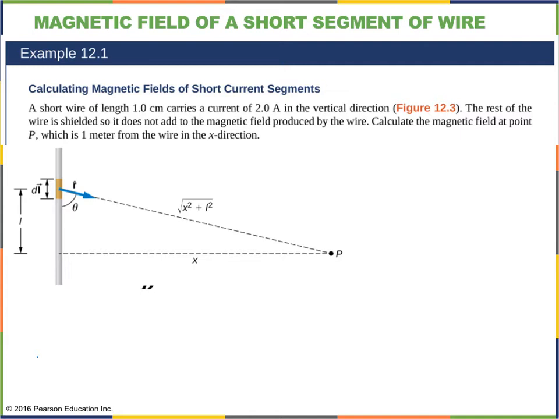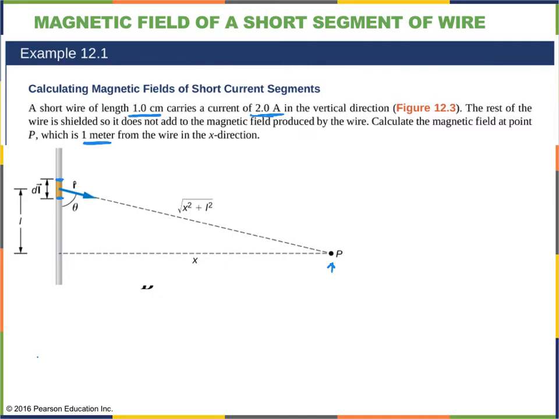And so we're trying to find the magnetic field here at this point, right here. And what we're told is we're looking at a little piece of the wire, and that piece of the wire only has a length of 1 centimeter. The current is 2 amps, and then we're looking at 1 meter away from the wire.